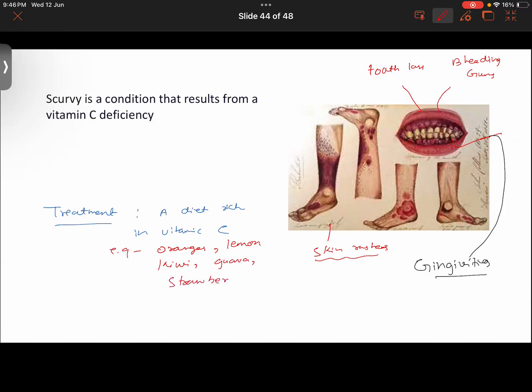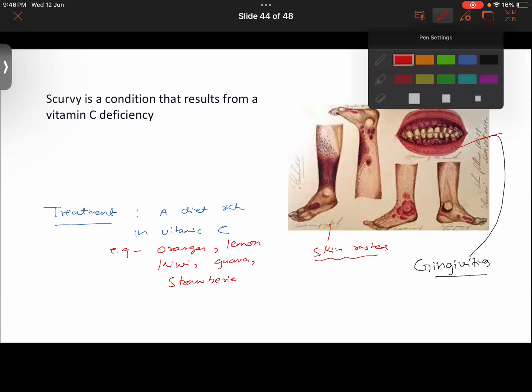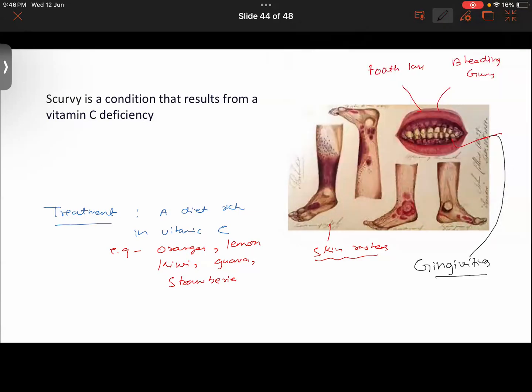All these are examples of foods that are rich in vitamin C. Along with this, vitamin C supplements are also provided, meaning medicines also need to be taken. Berries, blueberries, very good. We can count that one too.